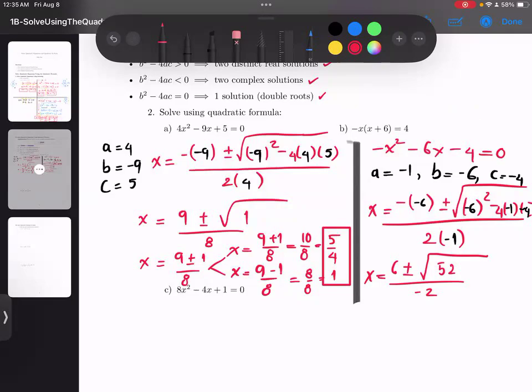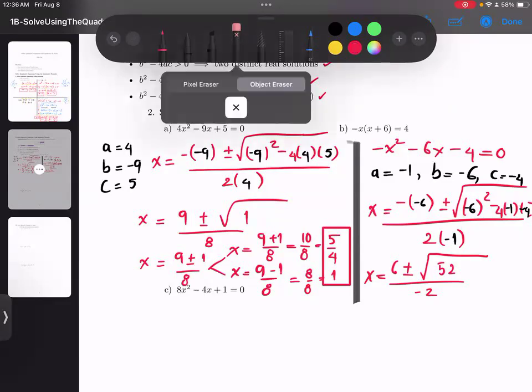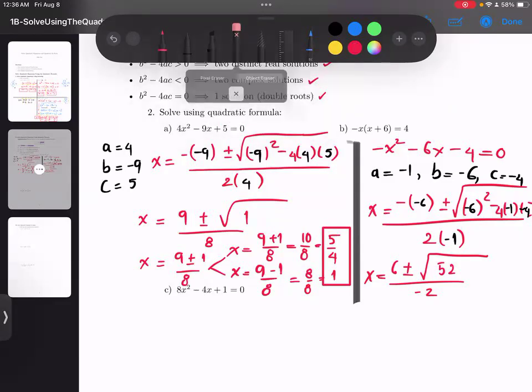52, I can break it apart. It's going to be 4 times 13. Why? Because I want to take a square root of 4. So this part right there, I'm going to use yellow.